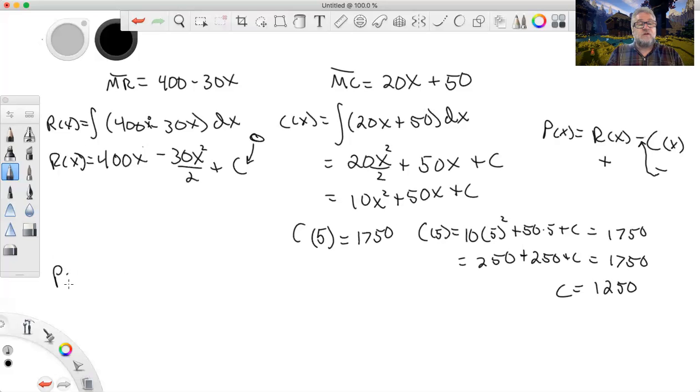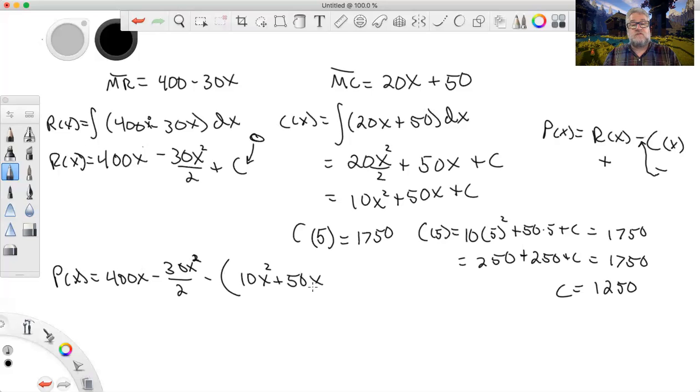So profit equals revenue, 400x minus 30x squared over 2, minus our cost function, which is 10x squared plus 50x plus 1250.